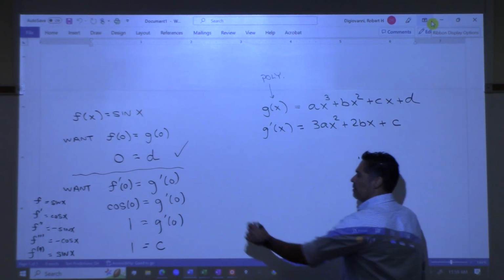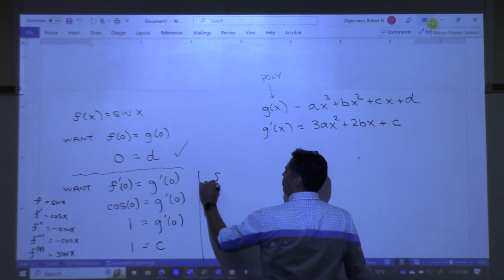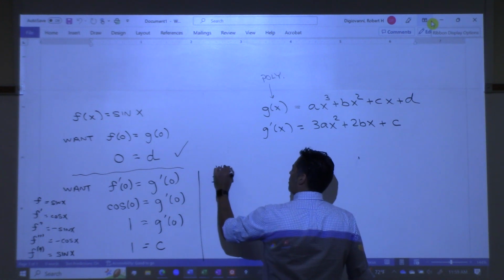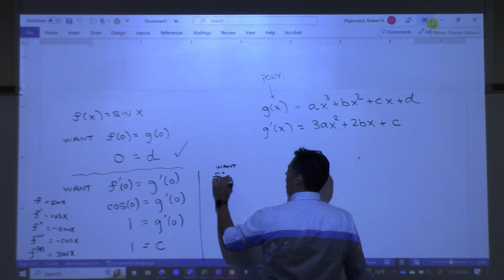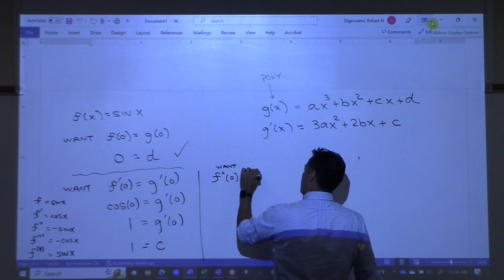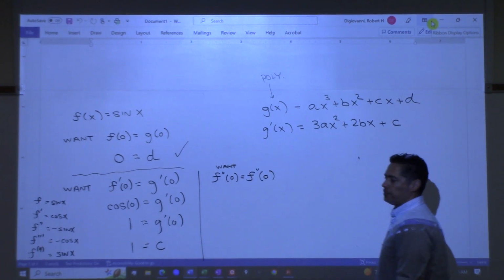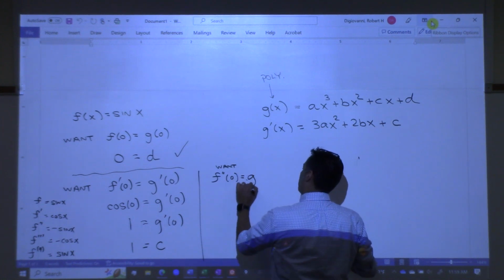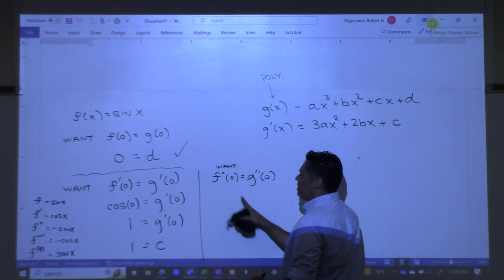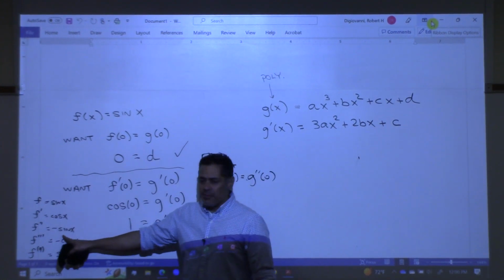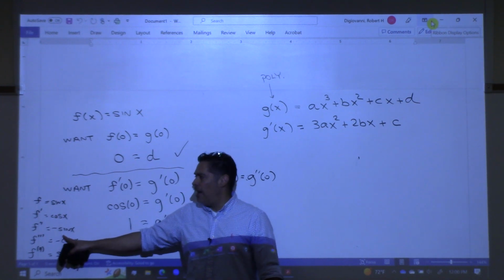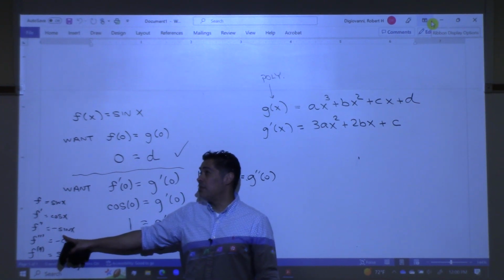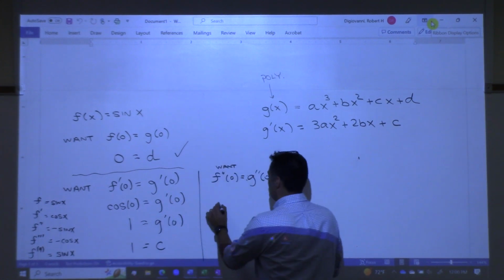Let's keep going. I want the second derivatives to match at 0. Sorry, that's g double prime on this side. All right, what's f double prime? Negative sine, right? And what's sine of 0? 0, so negative 0, 0. So the left side is 0.